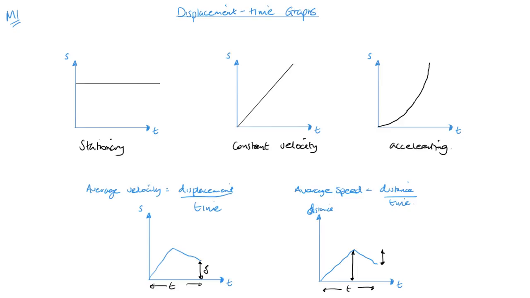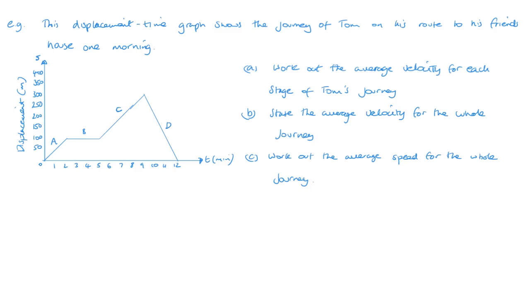Now let's look at an example. Here we have a displacement time graph, and it shows the journey of Tom on his route to his friend's house one morning.